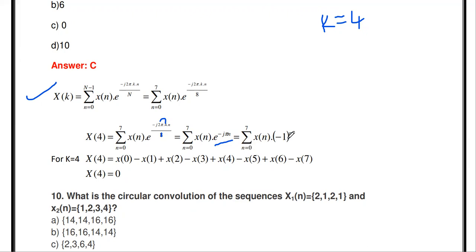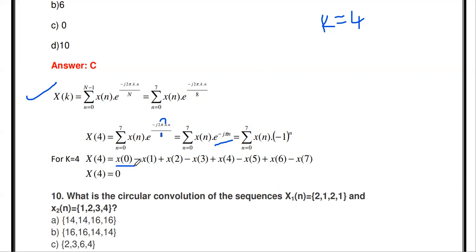If you put n equal to 0, minus 1 to the power 0 is plus 1. So the first term is plus x of 0. Then put n equal to 1. Minus 1 to the power 1, minus x of 1. Then plus x of 2. So alternately plus and minus will come. So x of 0 minus x of 1 plus x of 2 minus x of 3 plus x of 4 minus x of 5 plus x of 6 minus x of 7.